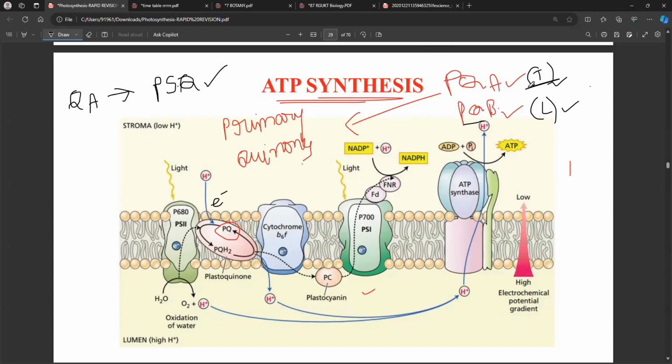Plastoquinone A is tightly bound. Upon accepting the electron, it gets reduced to plastosemiquinone. And what about QB? QB is a loosely bound mobile carrier and it gets reduced to plastoquinol. This is a very important statement. All the students have to remember it compulsorily for the exam. Never get confused. A is tightly bound, B is loosely bound. A gets reduced to plastosemiquinone, B gets reduced to plastoquinol.